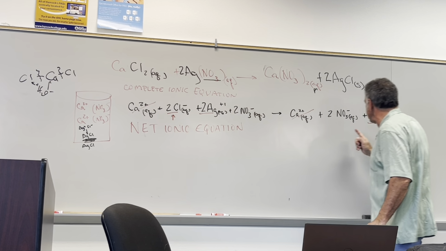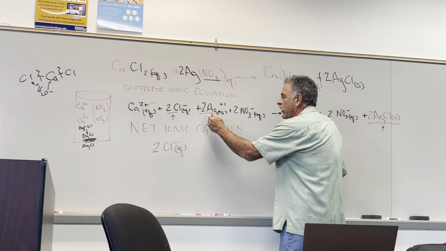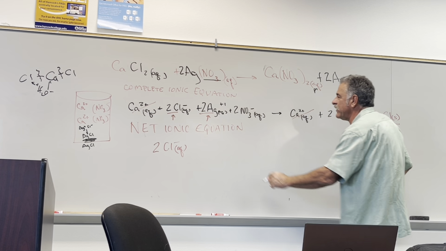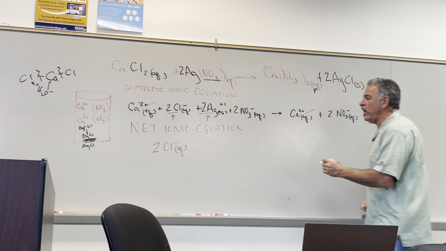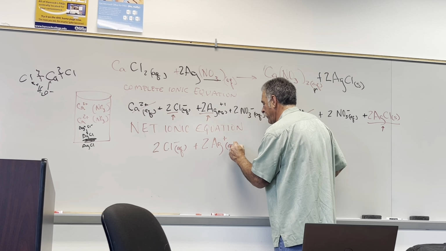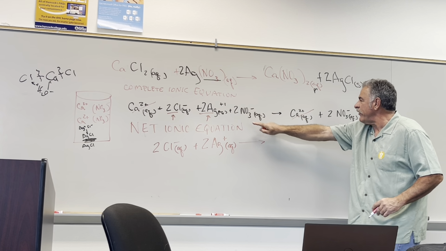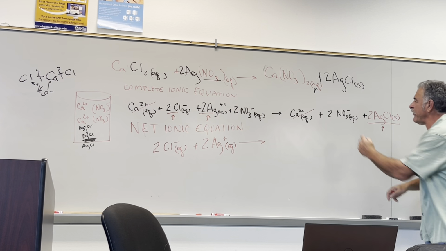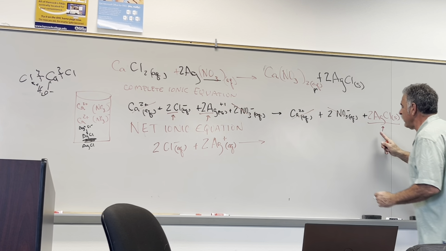2Cl minus aqueous. We go to the next part, silver. 2 silver plus 1 on this side, and compound on that side. So we bring that down. We go to the nitrates, 2 nitrates on this side, 2 nitrates on that side, so they cancel. And we're left with 2 silver chlorides.